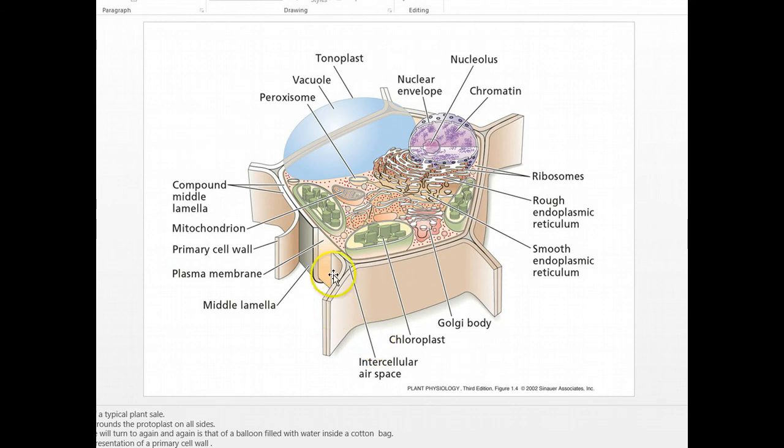And so we're going to be talking about the stuff that is outside the cell membrane. So if we look at the first structure, we have a cell wall, a middle lamella, and then the next cell wall. And the middle lamella helps stick the cells together, so it's sort of sticky.